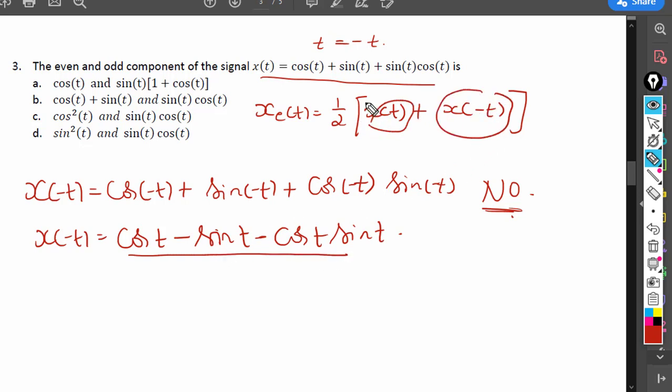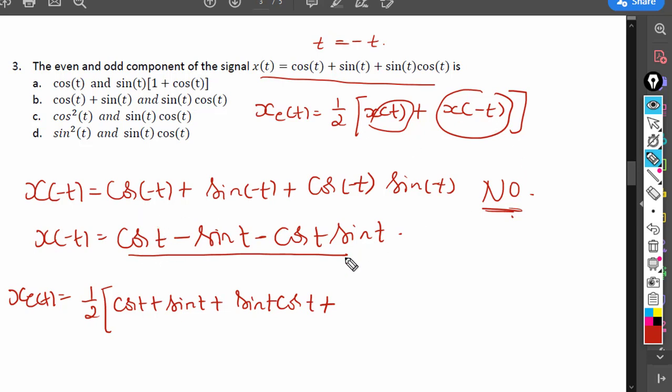And what is x of t? X of t is this, which I have to put here. So what do I get? X even of t is equal to 1 by 2 into x of t. X of t is this, cos t plus sin t plus sin t cos t, plus x of minus t.